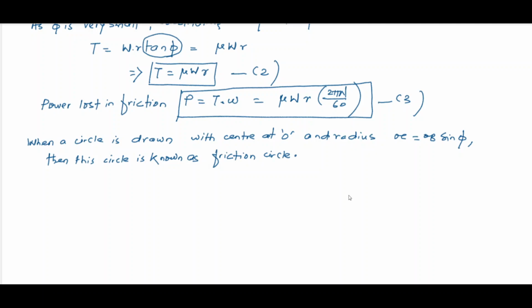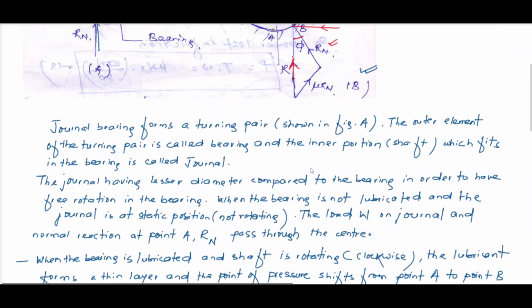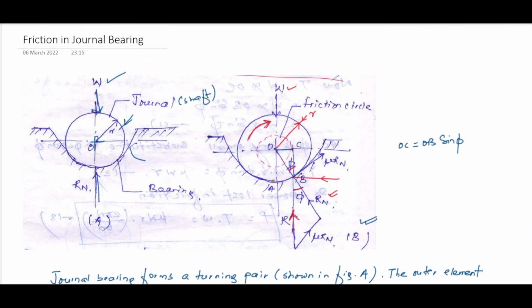Here in this second figure, if you draw an imaginary circle with this OC as the radius, which is equal to OB sin phi, then this imaginary circle is called your friction circle.